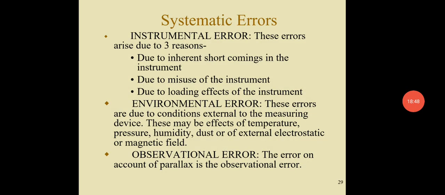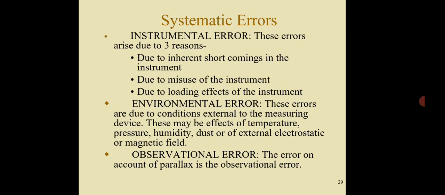Coming to the next type of error, which is known as an environmental error. What do you mean by environmental error? These errors are due to conditions external to the measuring devices. They may be effects of temperature, pressure, humidity, dust, or external electrostatic or magnetic fields.